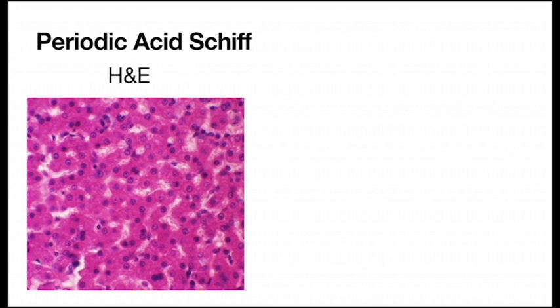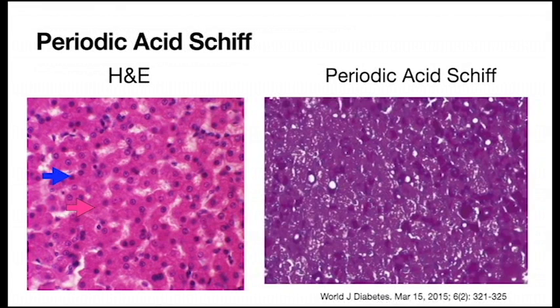This is the liver stained with the standard H&E stain with the basophilic nucleus and the eosinophilic cytoplasm. In a diabetic liver stained with PAS, the glycogen deposits stain magenta in color.